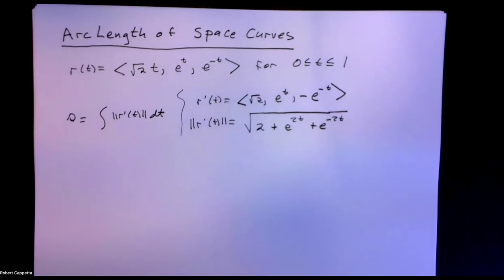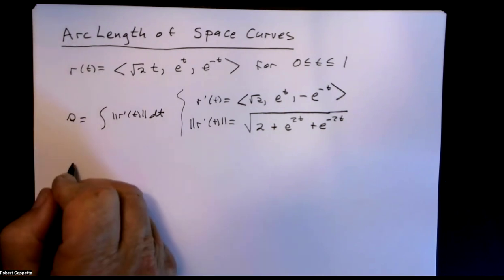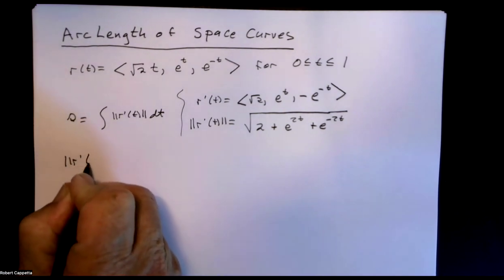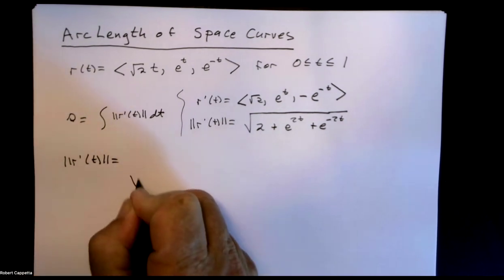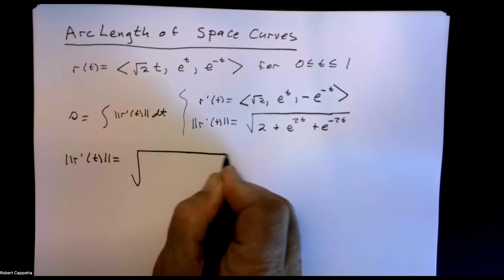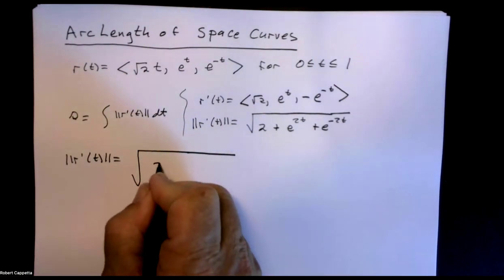We need to do some work with this to get it in a format that we can actually use to simplify it. So what I'm going to do here, magnitude of r'(t), we're going to rewrite that e^(-2t) as 1 over e^(2t).